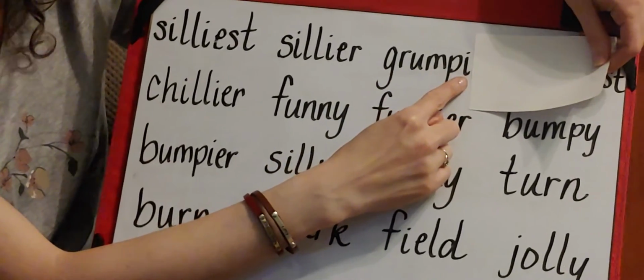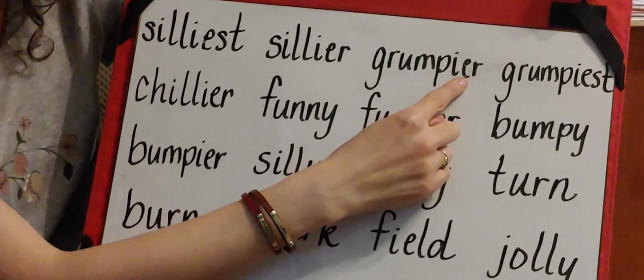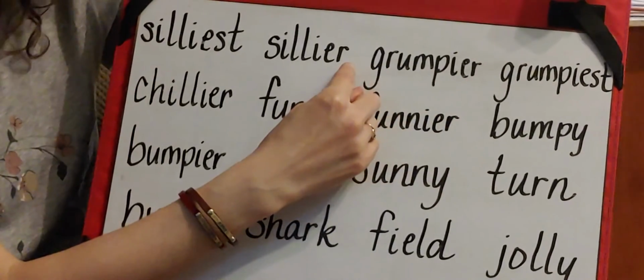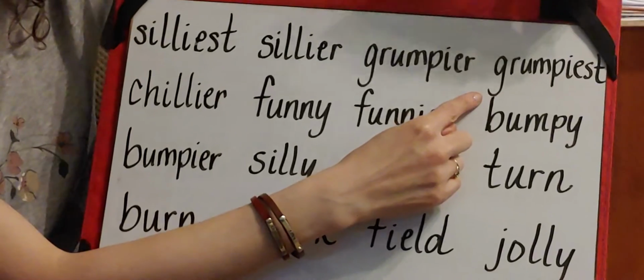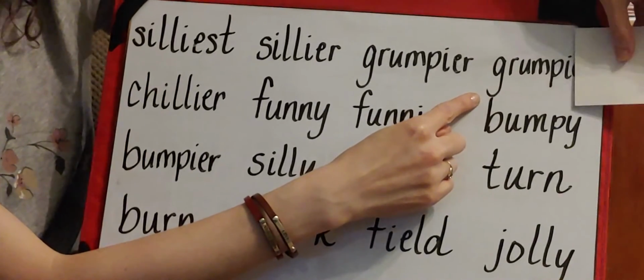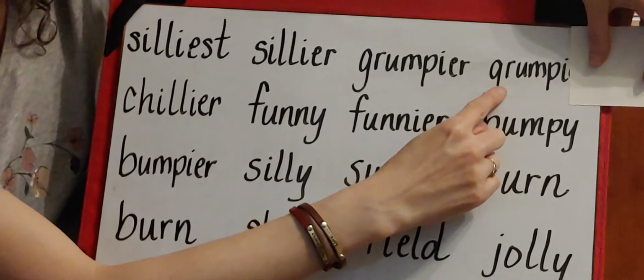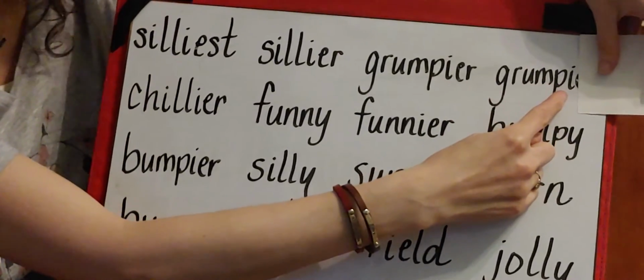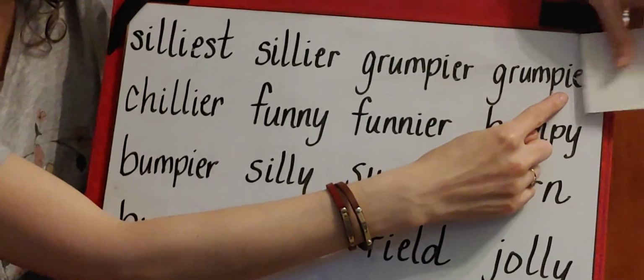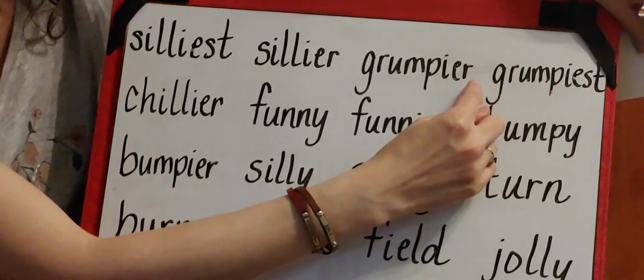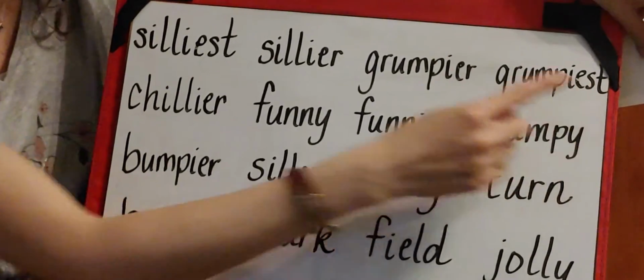Grumpy is the base word. Grumpier. Word, grumpier. Same thing, cover up the ending. Here's our base word, grumpy with an I. Grumpy-est. Word, grumpiest.